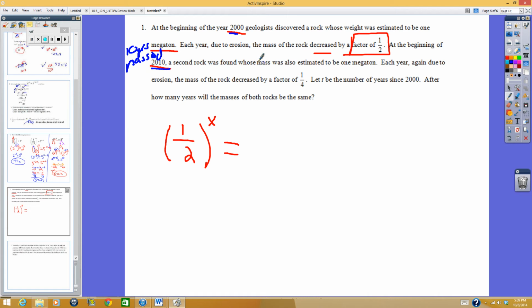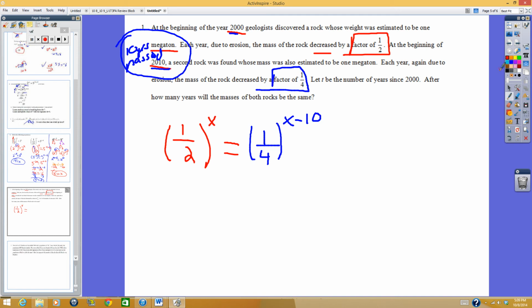Anyways, the second rock was found whose mass was also estimated to be 1 megaton. The rocks are twins. Each year, again due to erosion, the mass of the rock decreased by a factor of 1/4. So this one is going to be 1/4 to the x. And you remember how 10 years passed? Minus 10. Okay?